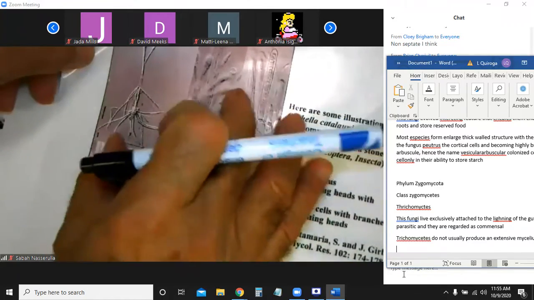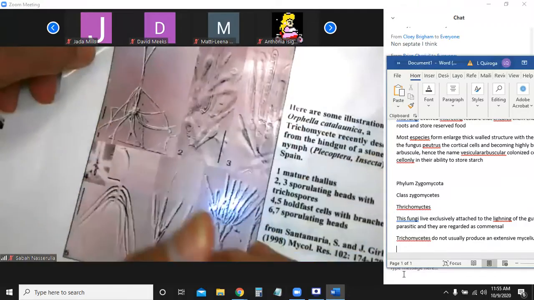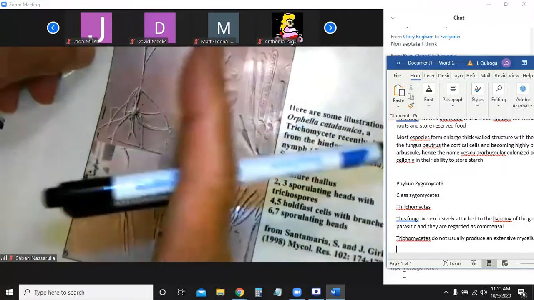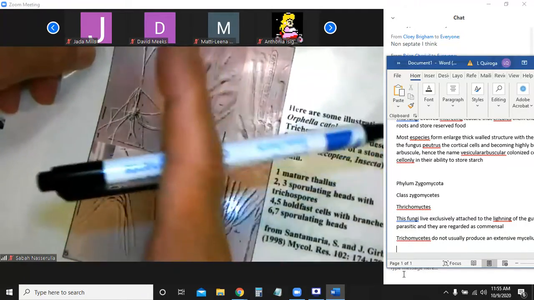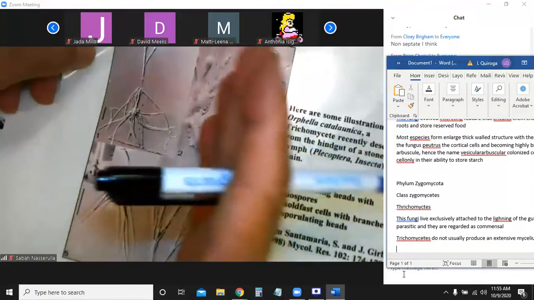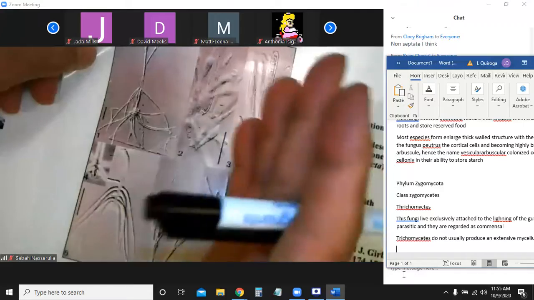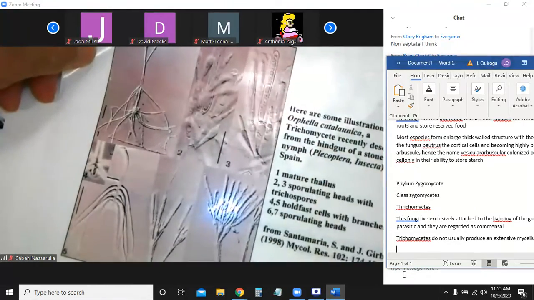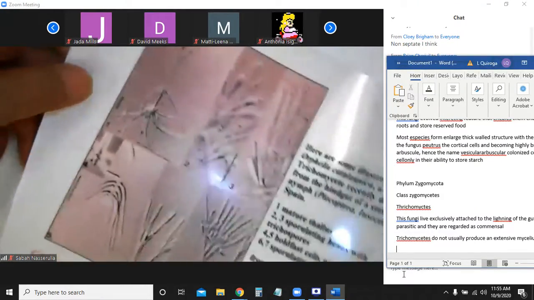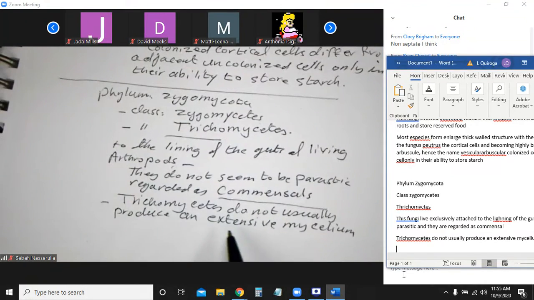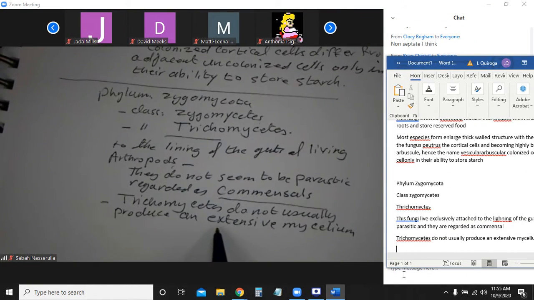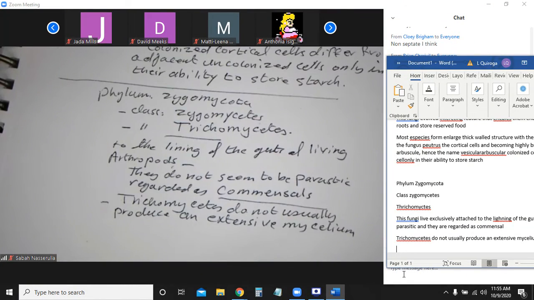Also, when they reproduce, mostly they produce asexually. So even when we try to group them, we can group them only on the asexual type of spore they produce. Basically, they do not usually produce an extensive mycelium.